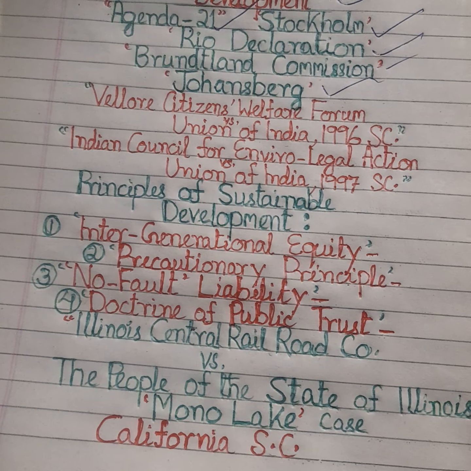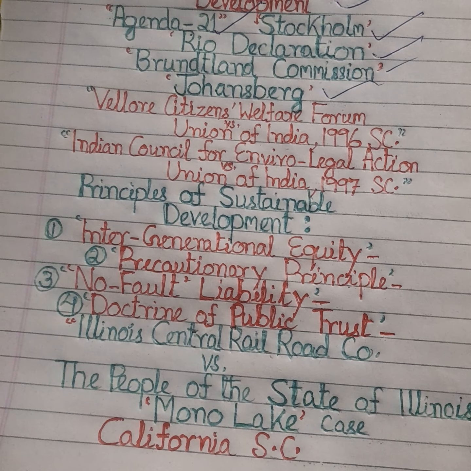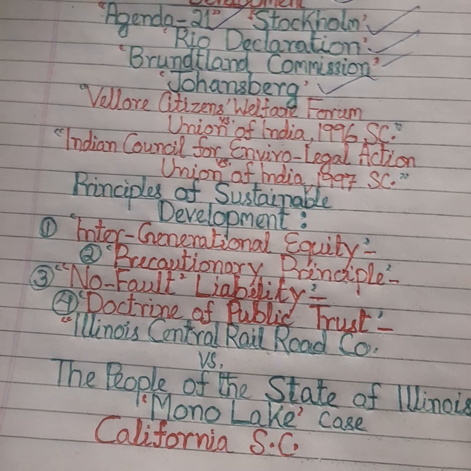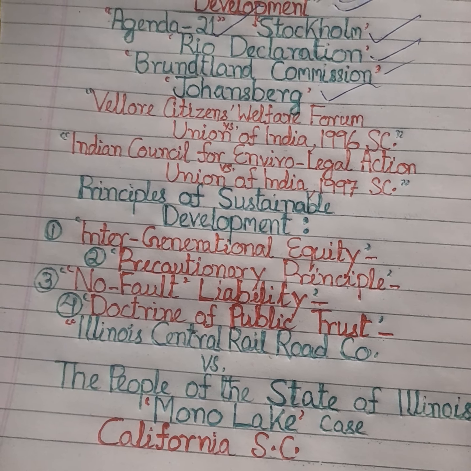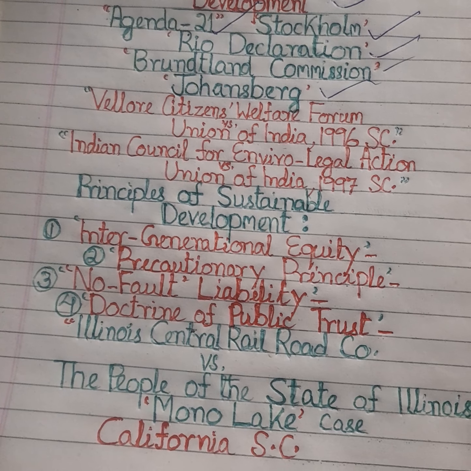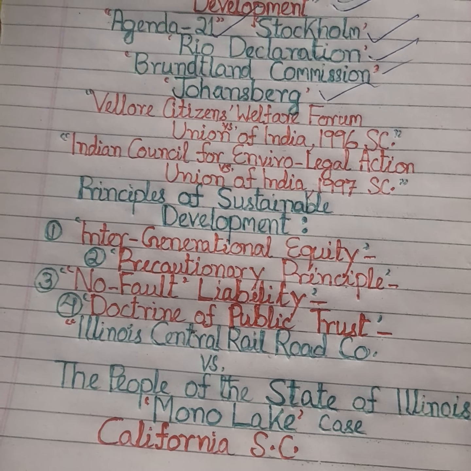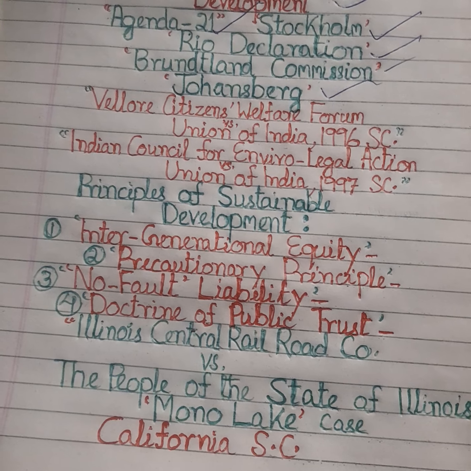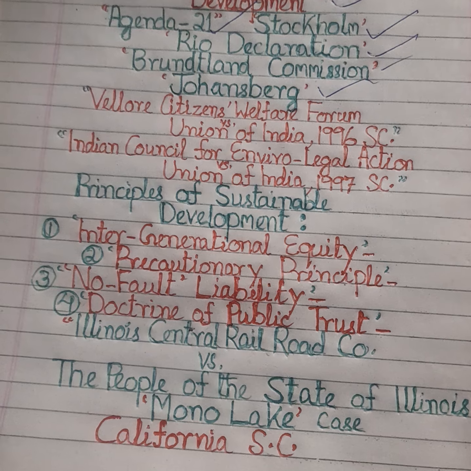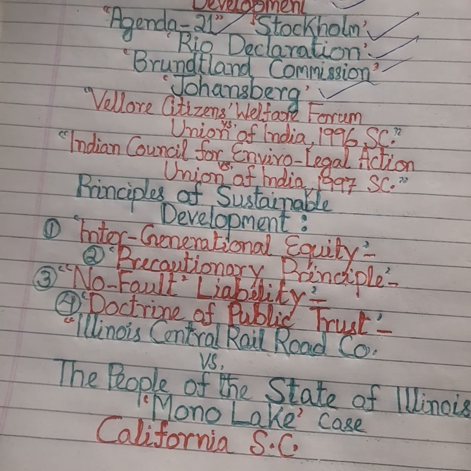In response to the above principles of Agenda 21, the Indian Supreme Court, in a number of cases, urged the application of the principles of sustainable development and Agenda 21.